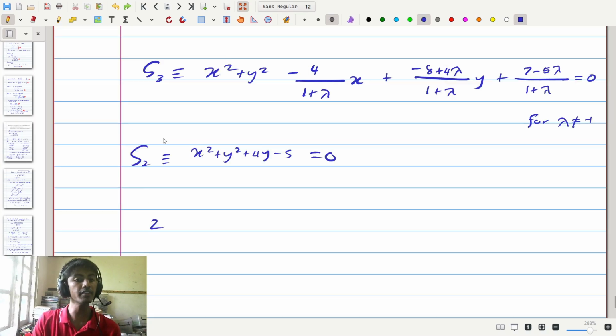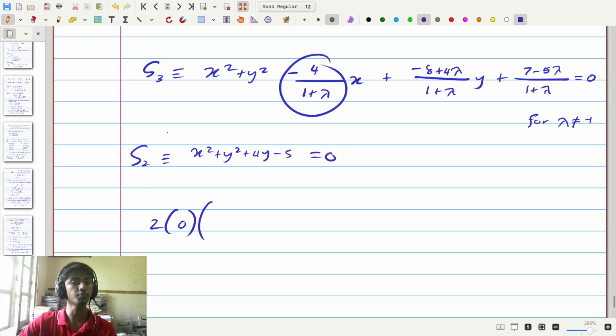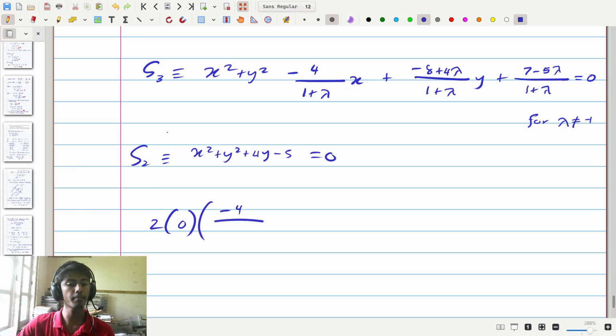So substituting in, for the first circle we have g being equal to 0. So we have 2 times 0 times the second circle's g, which is minus 4 divided by 1 plus lambda divided by 2. I'll just write that as minus 2 divided by 1 plus lambda.